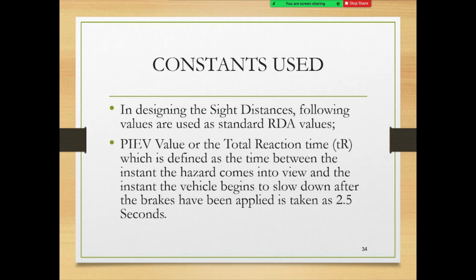Then the brain has to process that information and give the order to your leg, press the brake, and you have to press the brake. After pressing the brake, the vehicle takes some time to stop. So from the instant that you get that visual signal up to the point that you press the brake, that is what you call total reaction time.